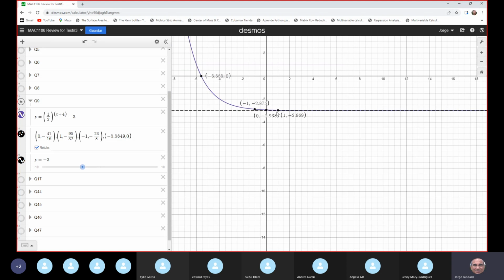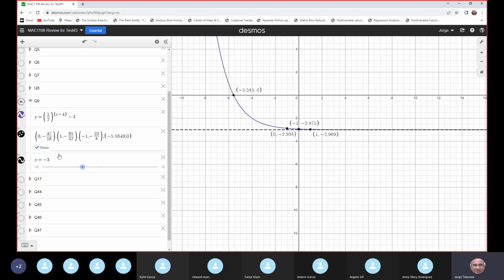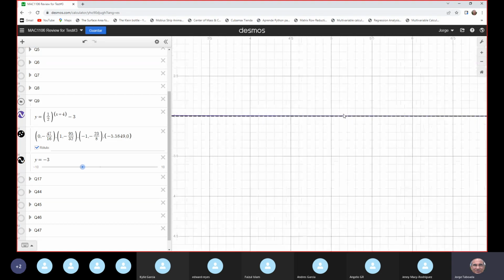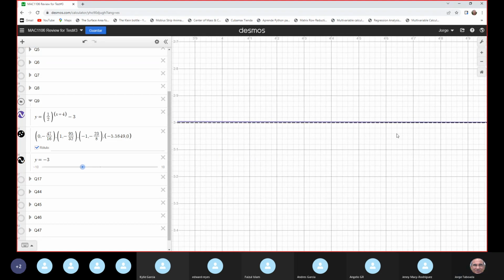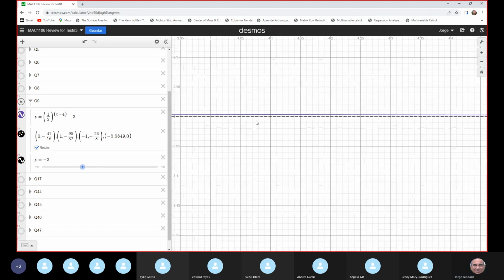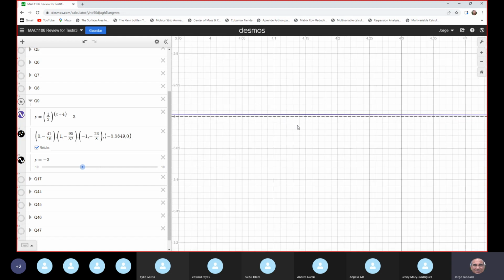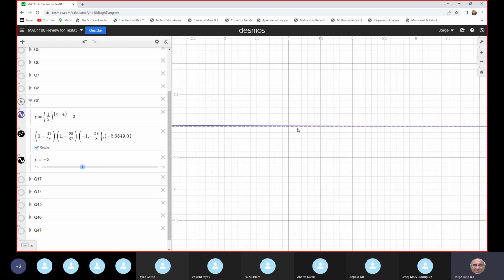And the famous horizontal asymptote is at y equal to -3. You see the exponential approaches but never touches. It always travels close, but above the line. Do you understand very well?